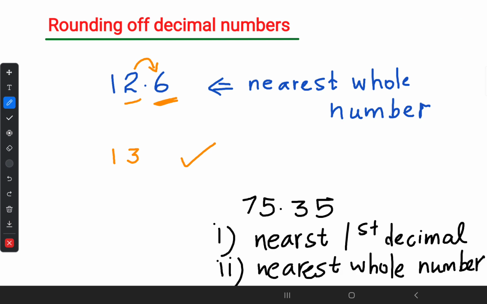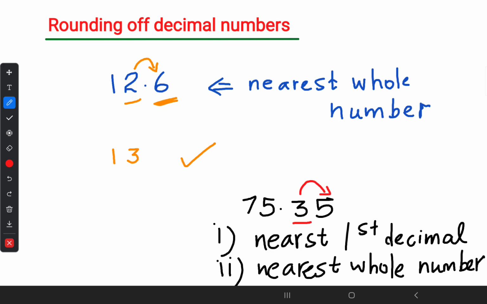To find the nearest first decimal place means this one. After that one, what is the value we have? That's what you have to consider. That value is equal to 5.